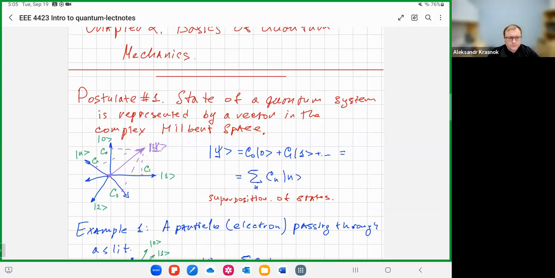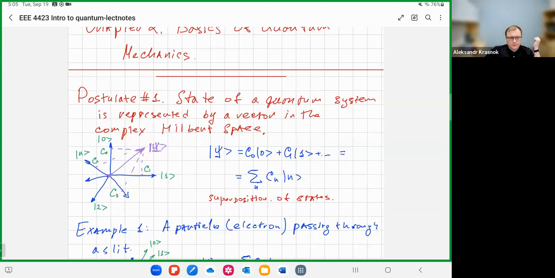This basis can be of finite or infinite dimension, and hence the psi vector is given by the projections of psi on the corresponding basis vectors.